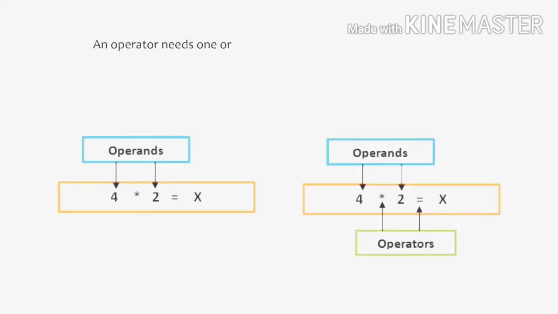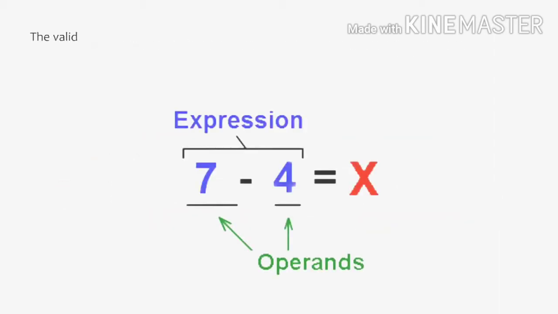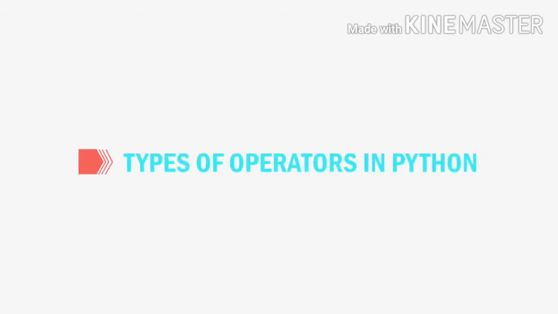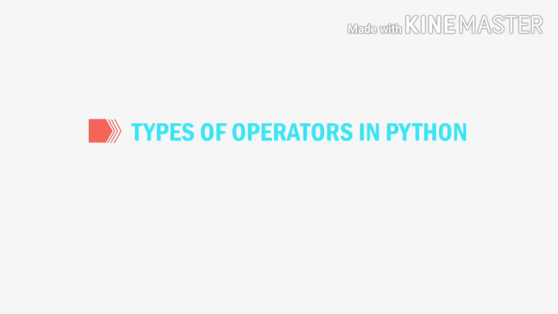An operator needs one or more operands to perform any operation. Here, this is an expression, which is a combination of two operands and an operator, with a result known as x. Now, what are the types of operators in Python?